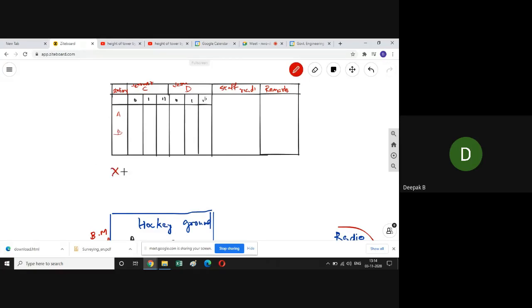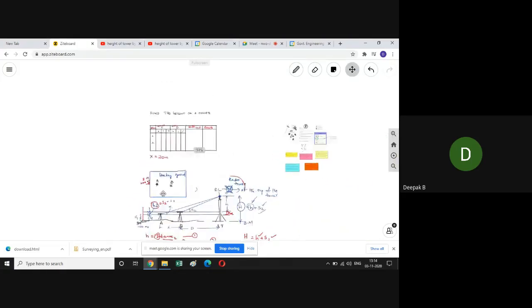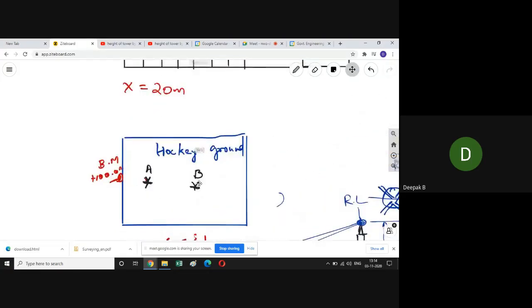So that means our X is 20 meters. That is, this distance is 20 meters.